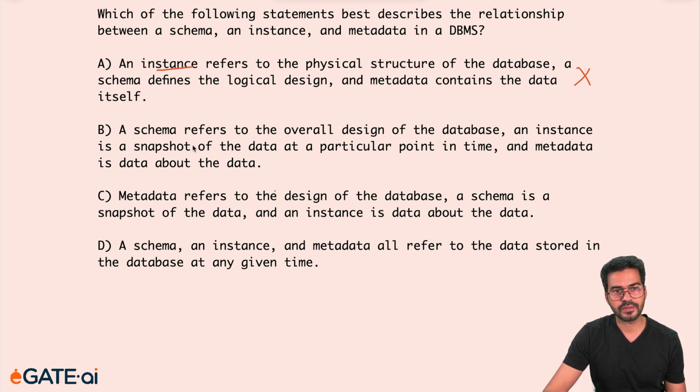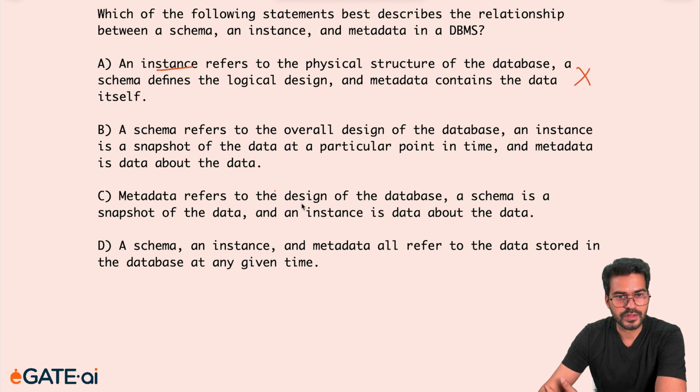Option B: the schema refers to the overall design of the database, an instance is snapshot of the data at a particular point in time, and metadata is data about the data. This sounds correct, but we should read all the statements.